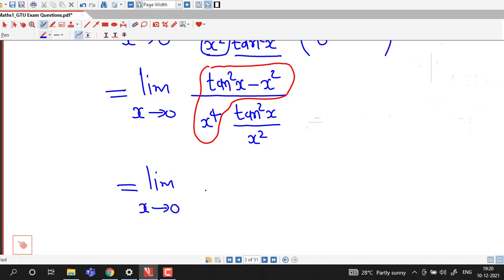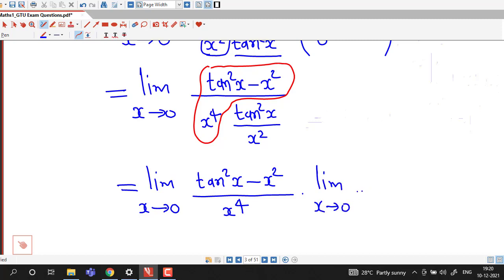So applying the product rule for limits, we have the limit of tan square x minus x square divided by x raised to 4, times the limit as x approaches 0 of 1 divided by tan square x divided by x square.